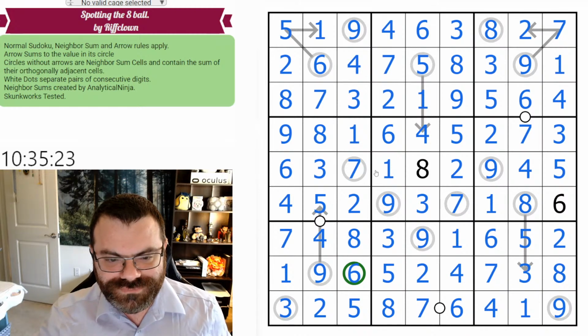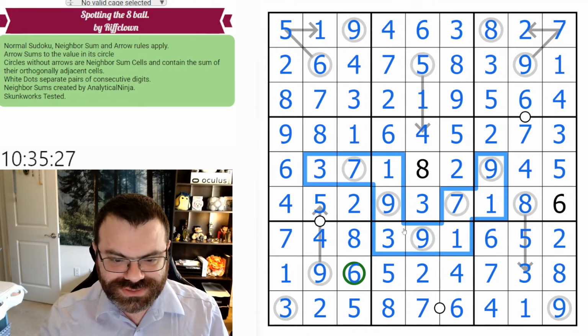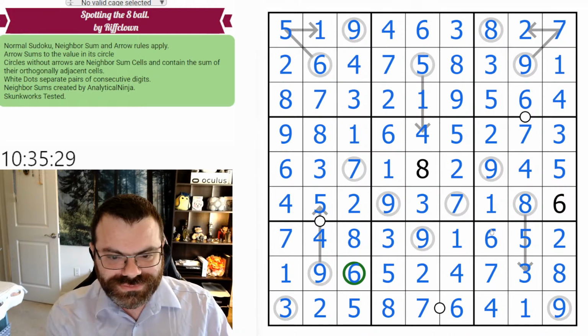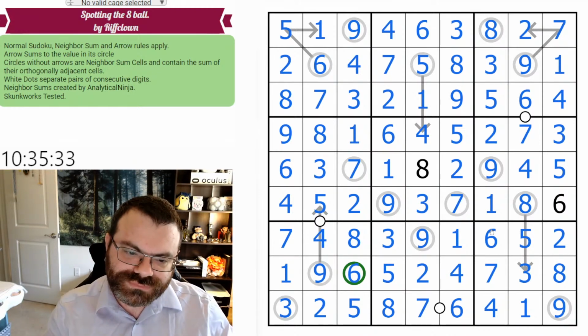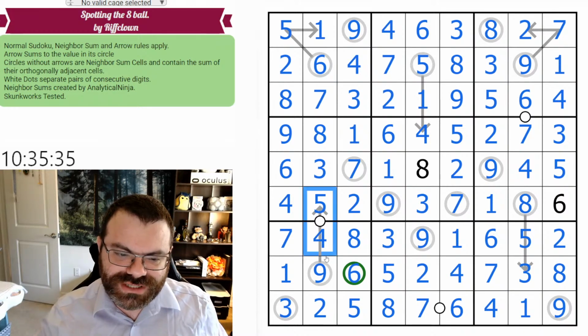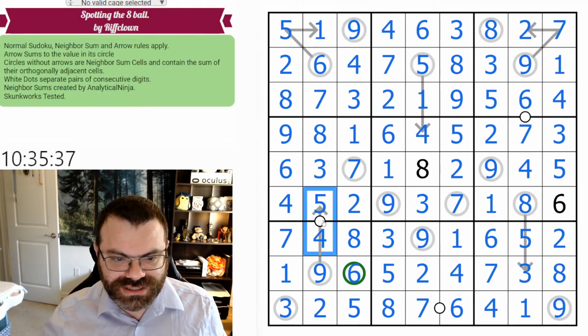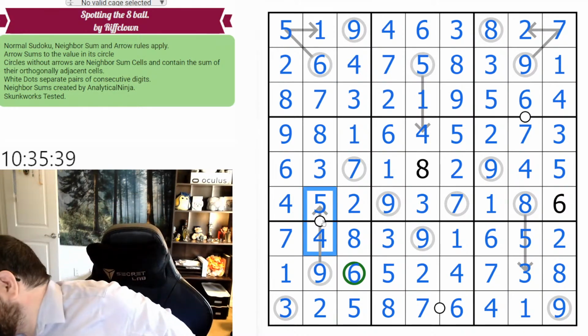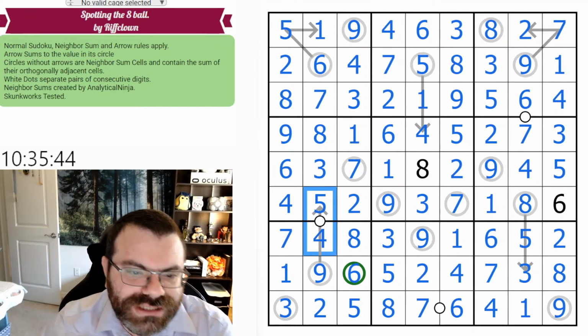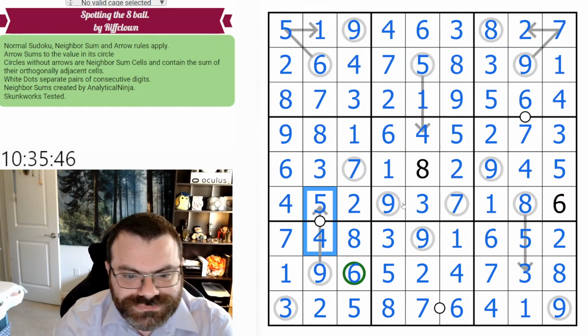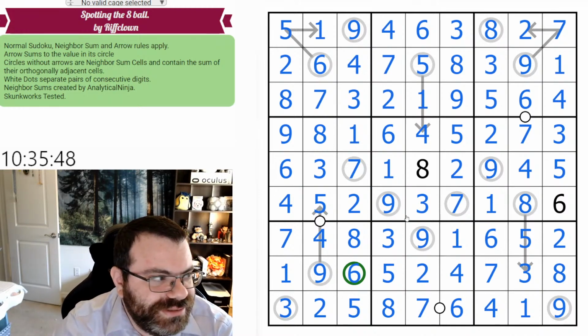Yeah, the way all of these digits resolved was pretty neat for these sums. And the asymmetry was just caused by this one arrow here with the dot. It's a good way to do it. Congrats, Fred.